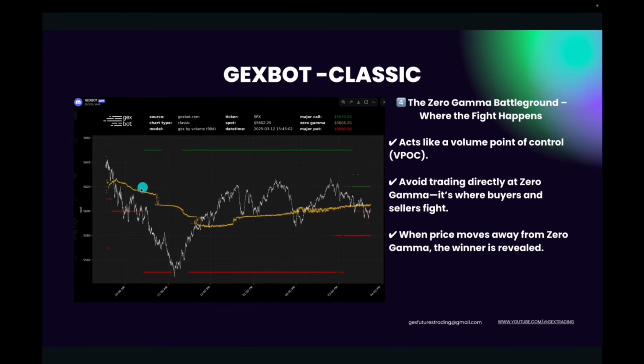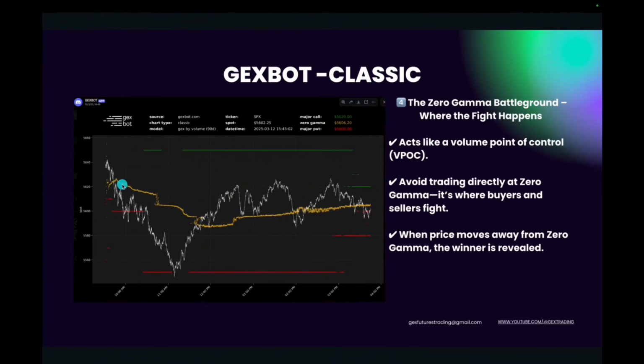There is no imbalance. It's a ranging market. You want to go short, the market rallies; you want to go long, the market goes down. So you don't trade the POC. You wait for the market to get away from the POC or trade at the high nodes or low nodes.